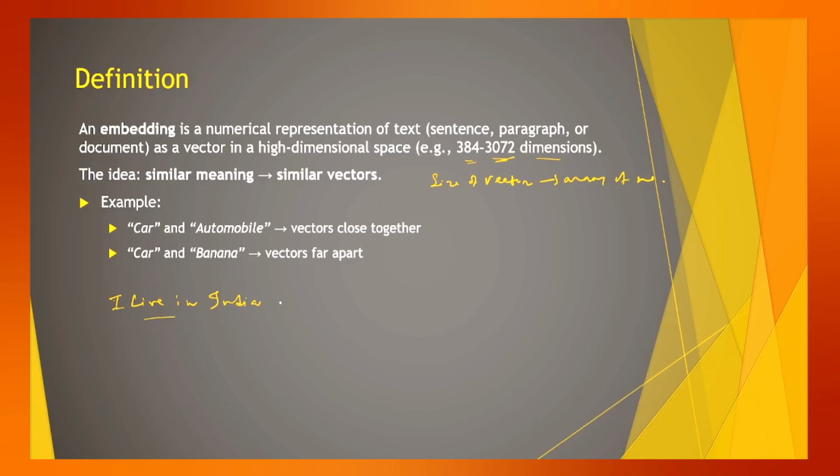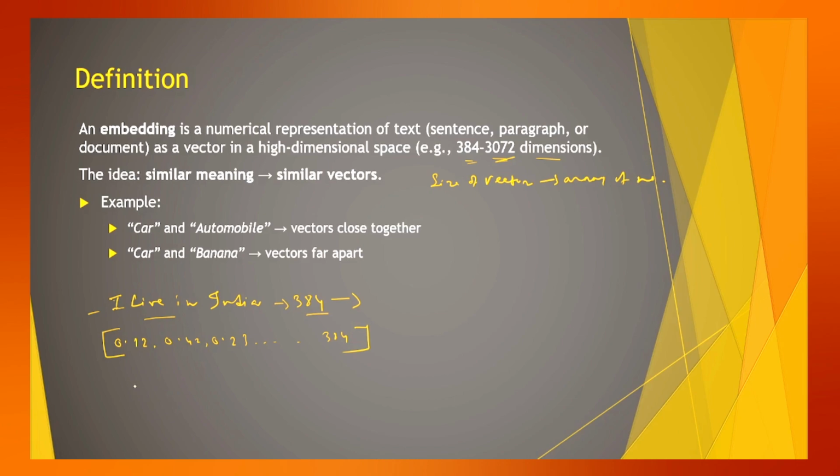If I'm using a model that gives 384 dimensions, then my text will be represented like this: 0.12, 0.42, 0.23, and so on up to 384. This would be the vector of this chunk if I use a model that gives 384 dimensions.